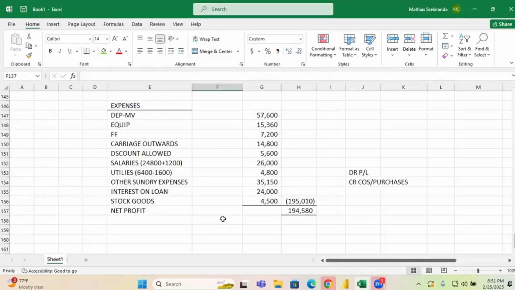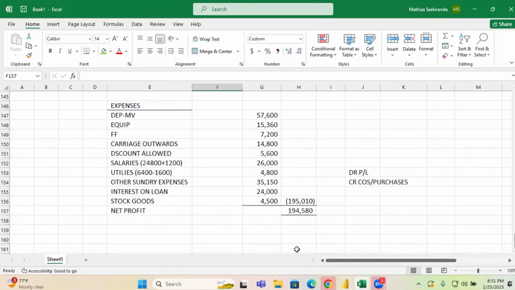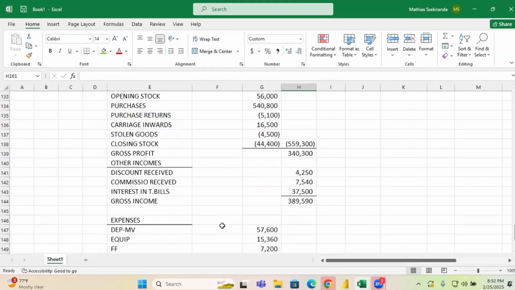Excuse me, Mr. Matthias. Yes, please. As you have said, we have not calculated provisions in this number because they have not given us additional information. So how do we go about the one they have given us in the balance sheet?